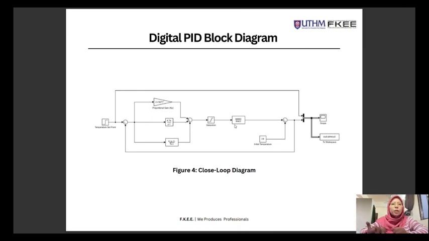And then we have the initial temperature, which is 28, and there we get the output with the scope, which we can analyze from the graph. So here I will show you the MATLAB.